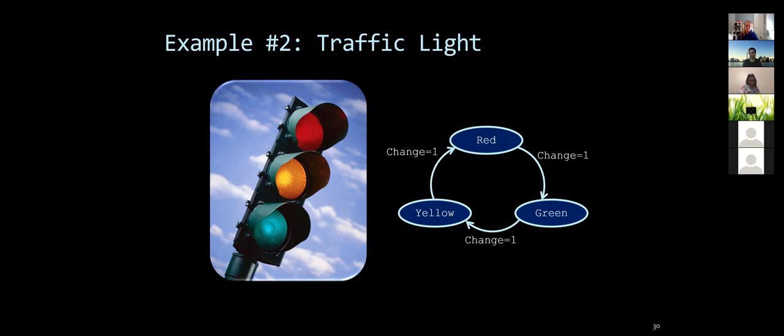And essentially the timer says there is a change, time for change. And you go from yellow to red, from red to green, from green to yellow. That's a very simple traffic light operation. Okay. Obviously, if there is no change, then you just circle there. You just stay in the same state. So you see a lot of things you've seen in real life already have these circuits built in them.